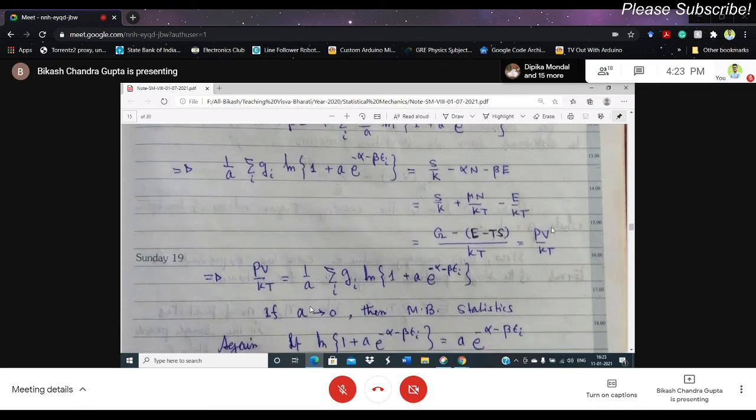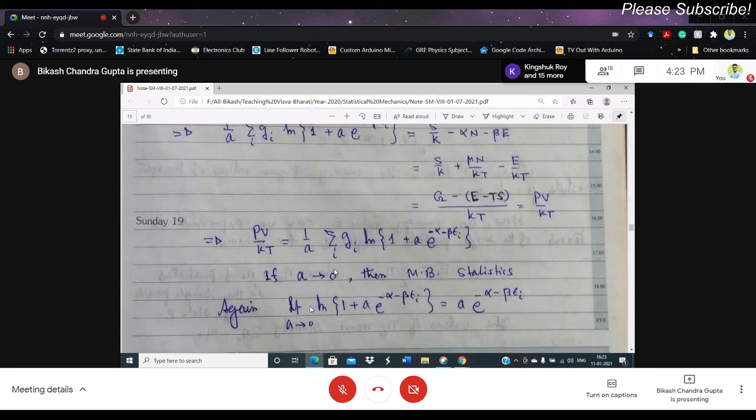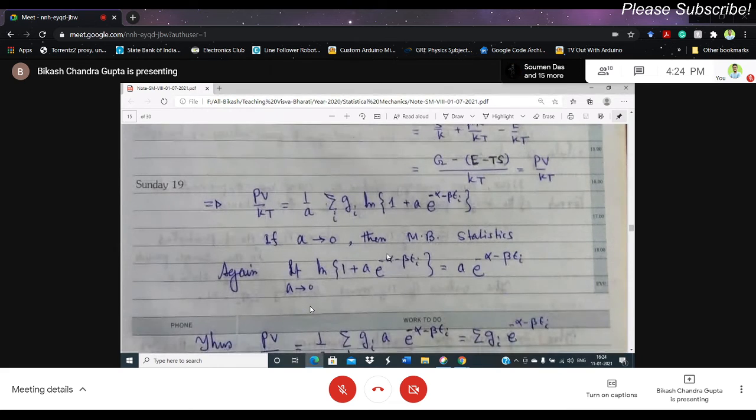Now therefore we can write PV by kT equals 1 by a times the sum of gi ln of this. Now take a tends to 0. Now we are talking about the classical case, the distinguishable case. Then a tends to 0, and you can write a e to the power of this, and a cancels. Sum over gi.